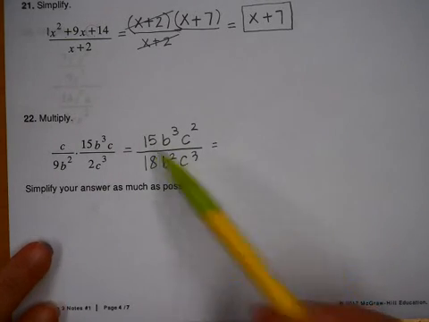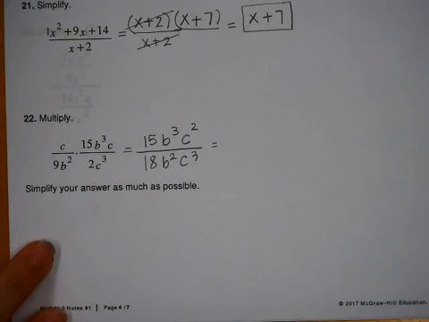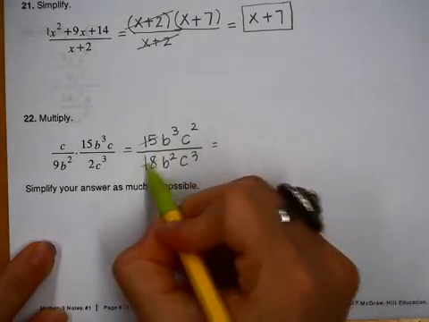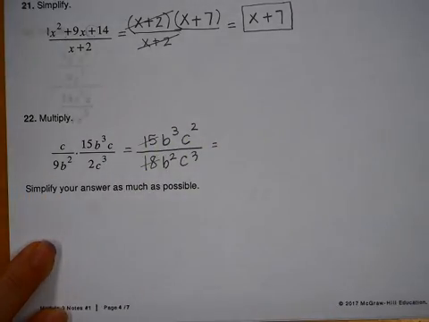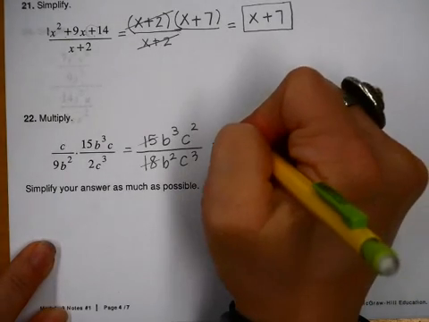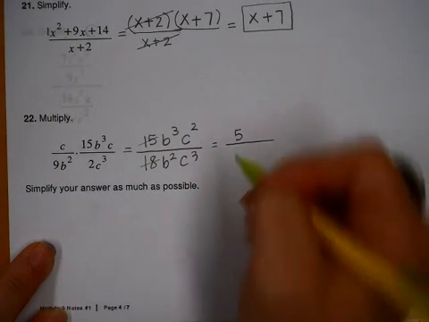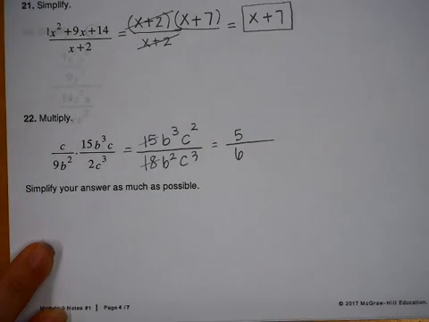What will go into both 15 and 18? 3. So we're dividing both of those by 3. How many times will 3 go into 15? 5 times. How many times will 3 go into 18? 6.